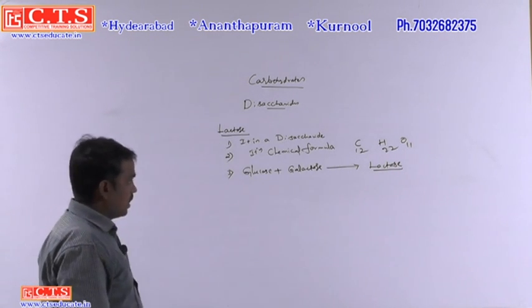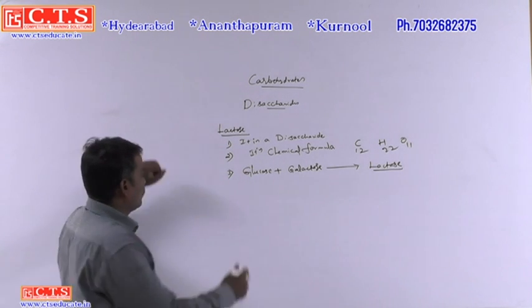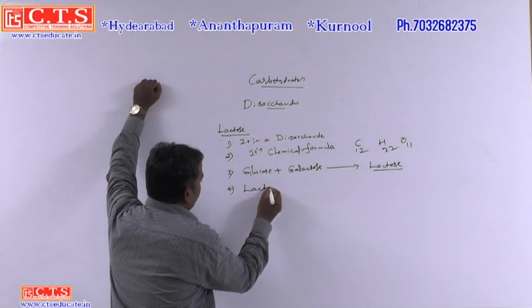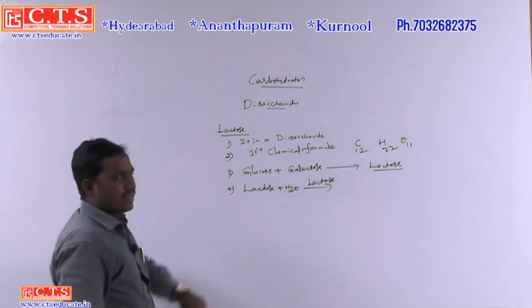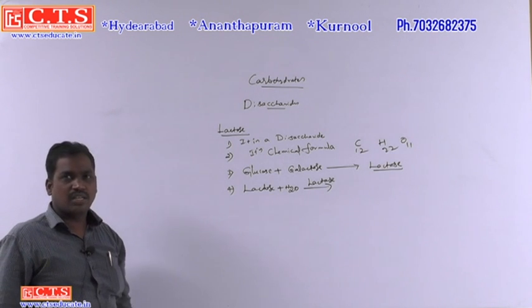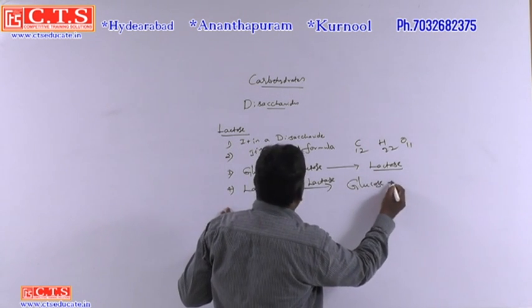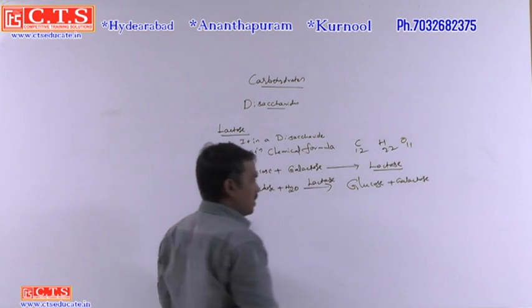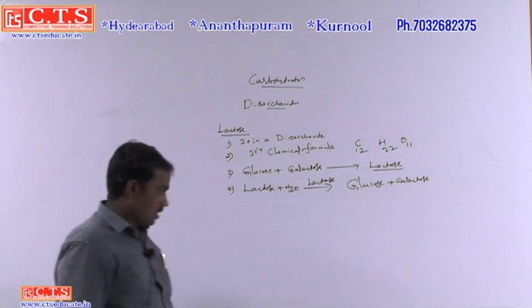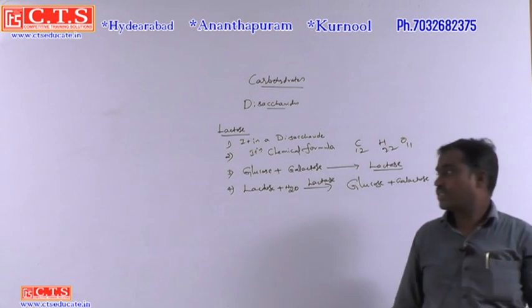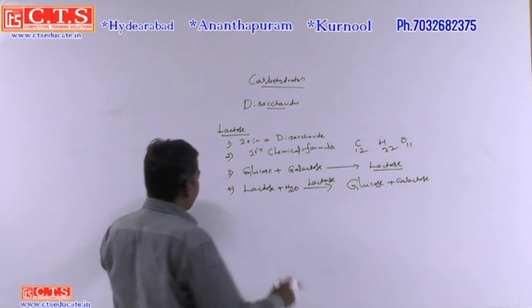Lactose dissolved in water in the presence of lactase enzyme gives glucose and galactose. Glucose plus galactose are obtained.